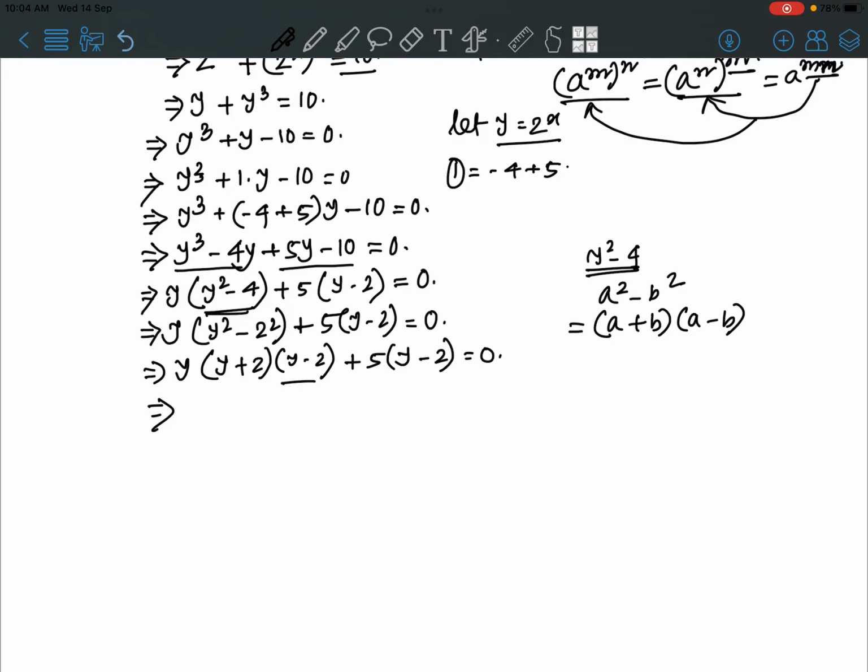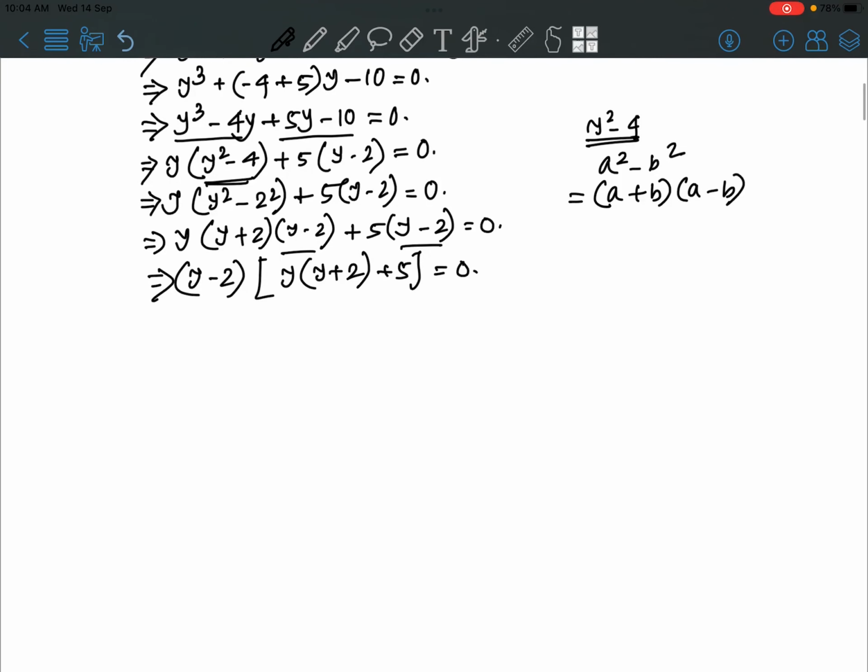Now we can factor out y minus 2. What will be the rest? The rest will be y into y plus 2 plus 5 equals 0. Now we can see that if the multiplication of two functions equals 0, that means if x minus a into x minus b equals 0, then each individual function equals 0.